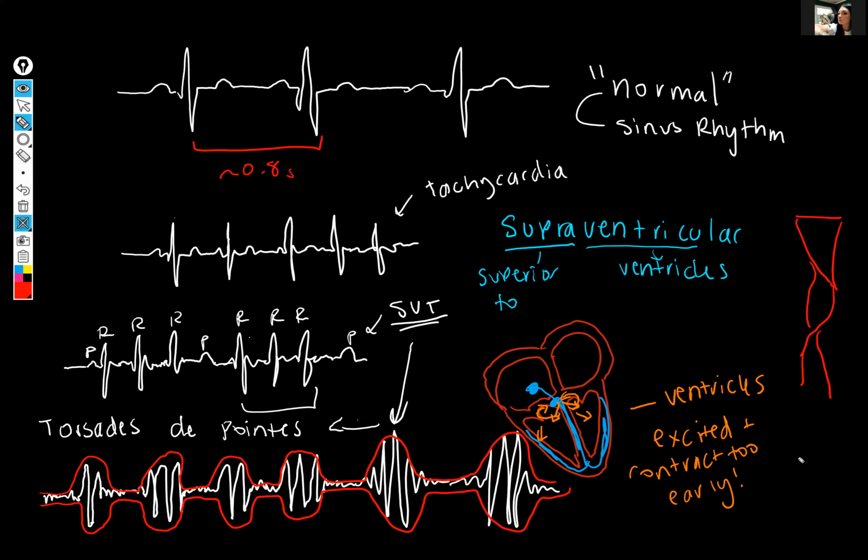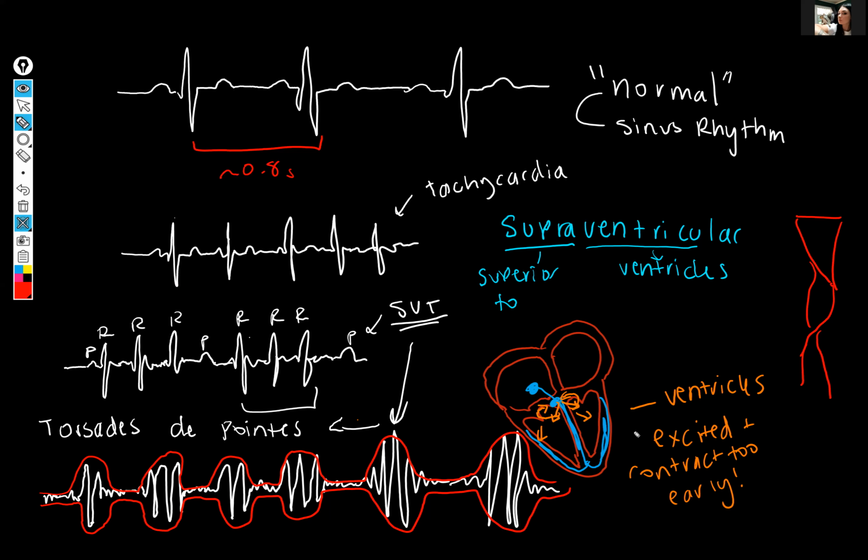And this is where you're getting in trouble, because the problem with SVTs, and tachycardia in general, is if your ventricles are going rogue and beating too soon, they don't have time to fill with blood before they're ejecting, which means that your cardiac output, so the amount of blood leaving your heart with each cycle, just tanks.